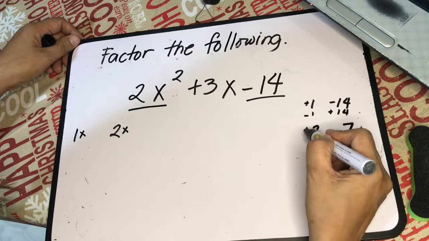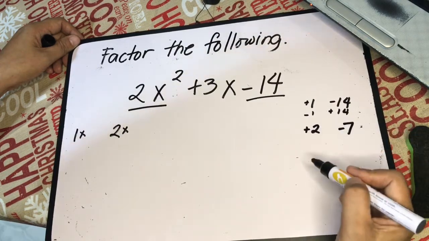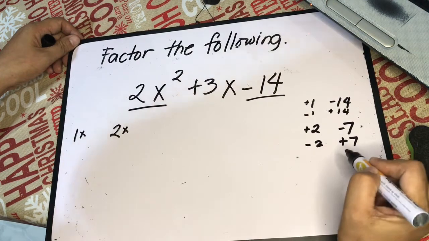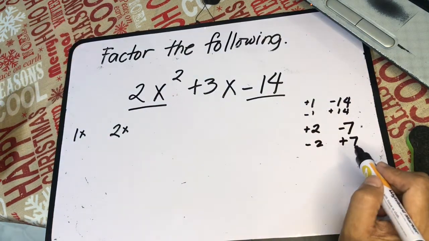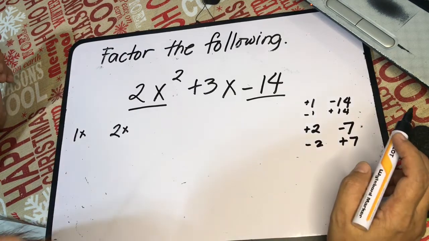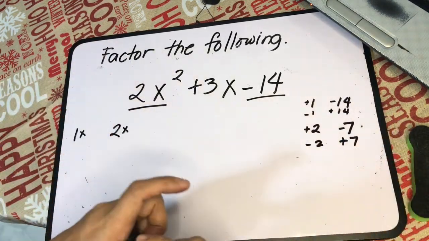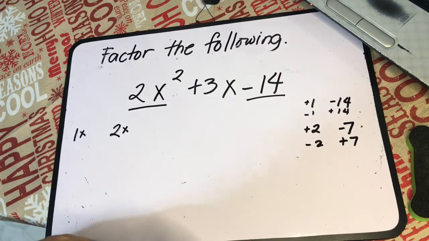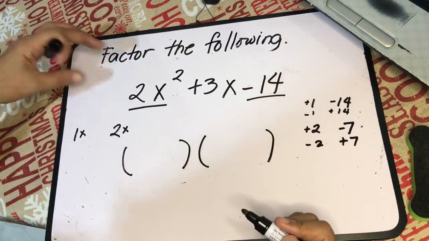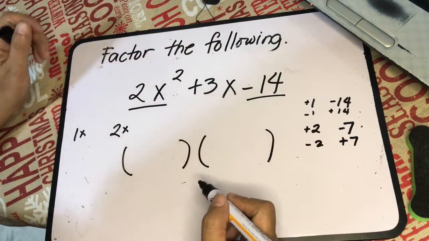It could be positive 2 and negative 7, or negative 2 and positive 7. Okay, so this is a trial and error. So, let us see what the correct answer will be. Okay. So, we have the factors.